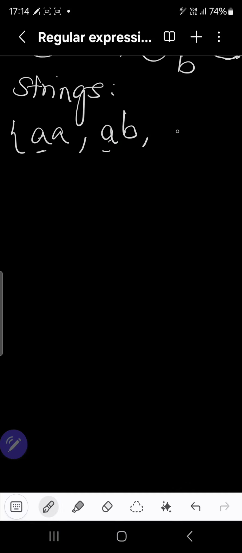We can also write more strings satisfying this condition. All other characters can be anything.